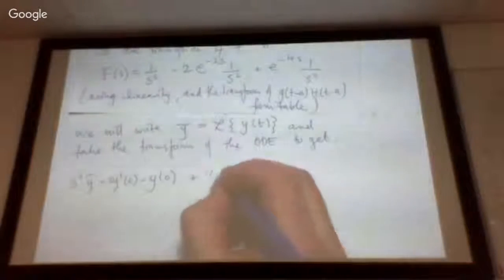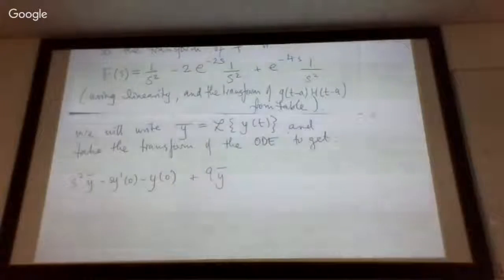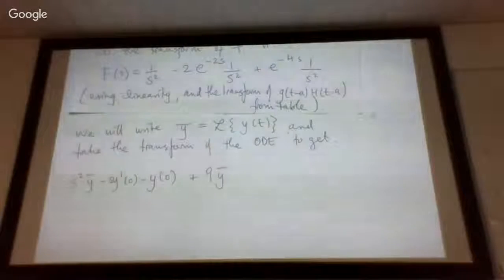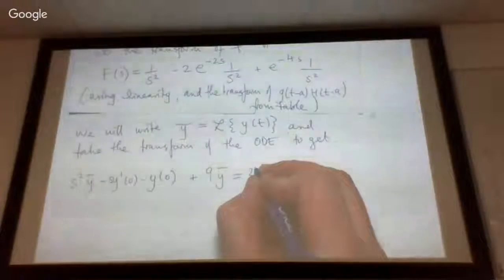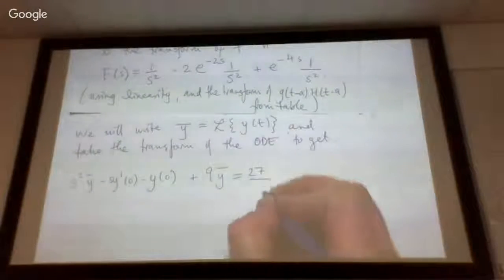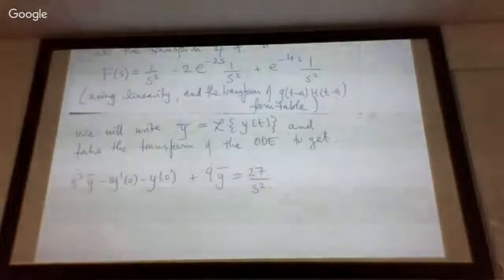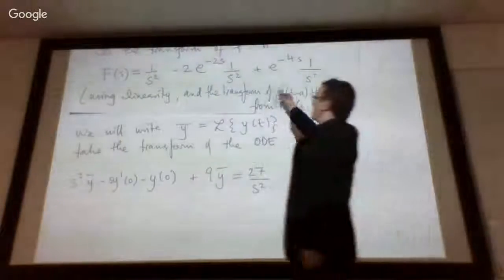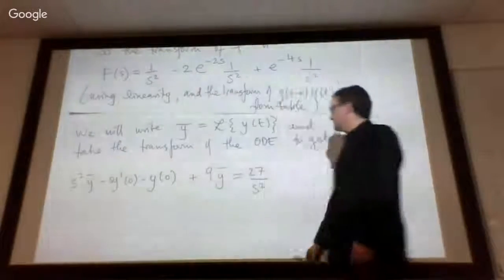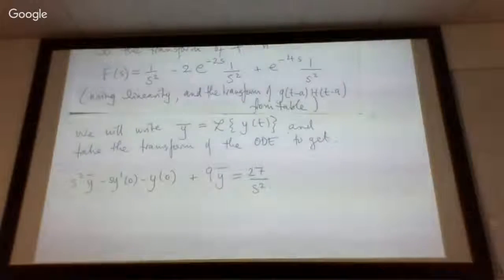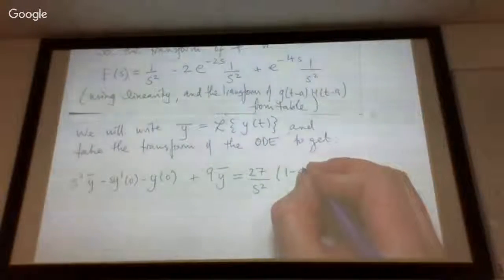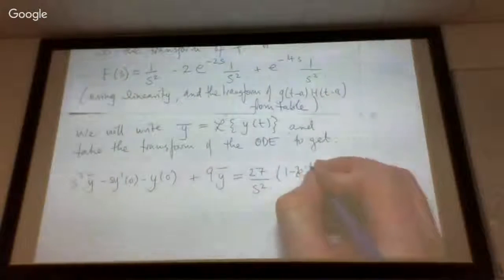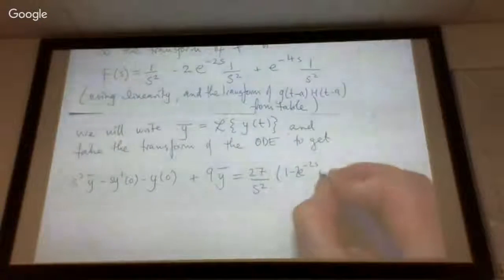Then we've got 9 times y bar, that's transforming function y, and then 27 times the transform of f, which I could write as 27 over s squared, multiplying into 1 minus 2 times e to the minus 2s plus e to the minus 4s.